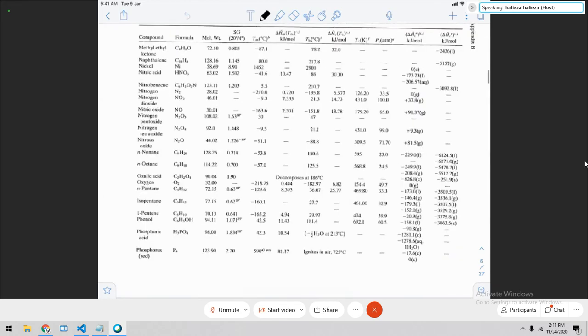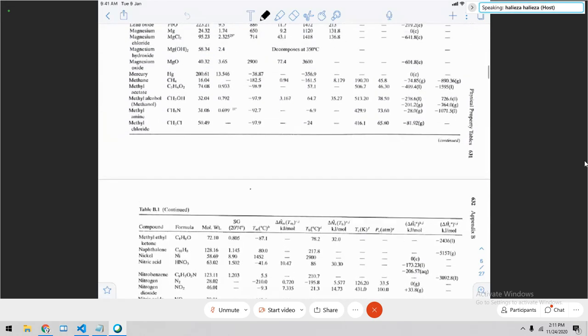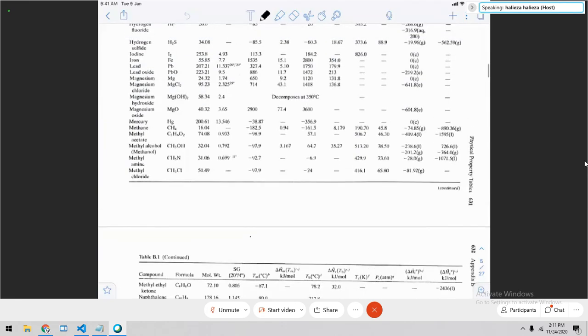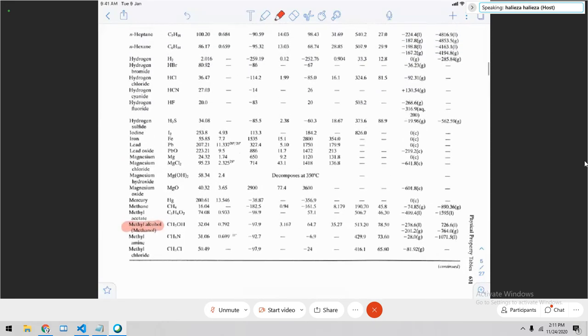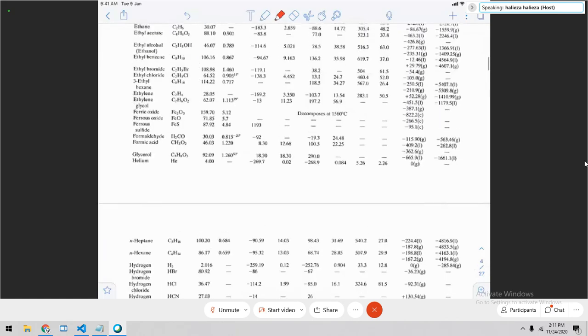For you guys, you can look it up using your own textbook. Okay, where is methanol? I think I just found it. That is methanol. Okay, so I'll scroll up a bit so that I will know where my boiling point is. Oh dear, cannot see where the boiling point is. Let's go to the very top here.